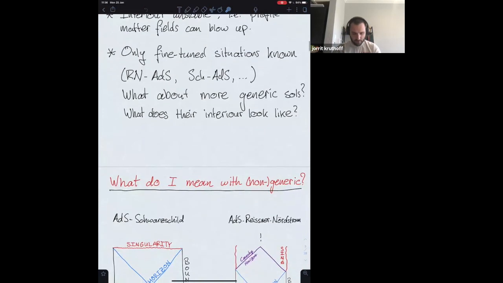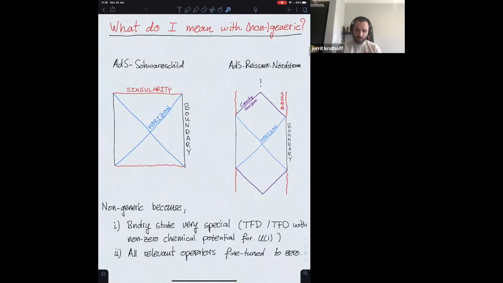Let me first mention a little bit what I mean by more generic or non-generic solutions. Recall that non-generic solutions could be, for instance, the AdS-Schwarzschild black hole or the AdS-Reissner-Nordström black hole, and I've drawn here their Penrose diagrams. In my talk, I will mostly focus on these charged black holes.